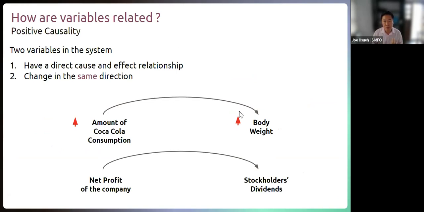We usually put a solid line or a positive sign here to denote positive causality. Same thing if they move downwards. When the net profit goes down, the shareholder dividend goes down. So it's also a positive causality. Then we use a solid line.